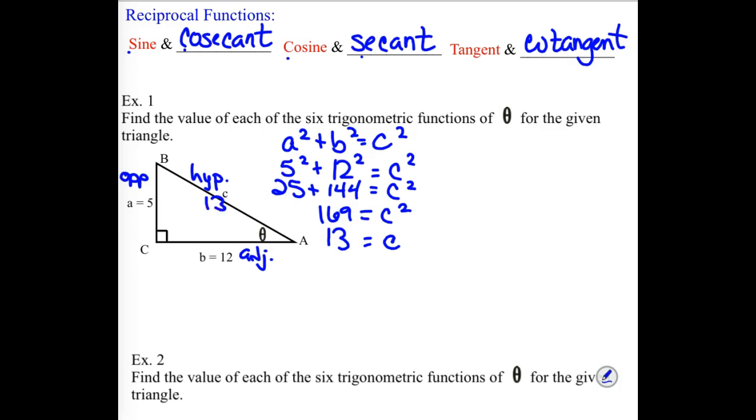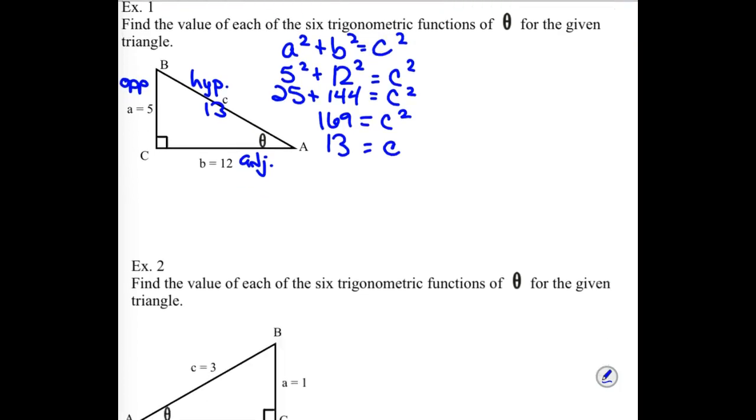So now we have all of our sides. This is now 13. We can list all 6 trig functions. If we know our 3 main ones, to get the other 3, we just have to flip them. Reciprocals. So let's start with sine. I'm going to use the symbol theta because that's what they use to label my angle. Sine of theta, we said, was opposite over hypotenuse. So opposite of theta would be 5, hypotenuse is 13.